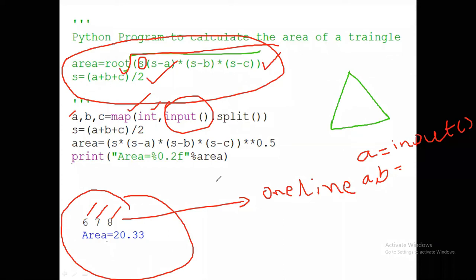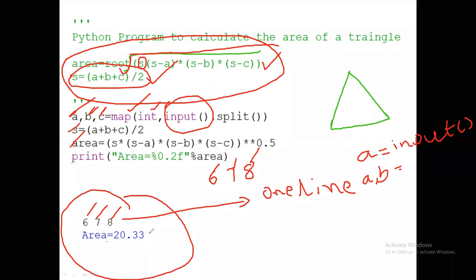And split is nothing but, here I am giving 6 space 7 space 8. So I split these as individual values. Now 6 is assigned to A, 7 is assigned to B, 8 is assigned to C. Now we know A, B, C values. So you are going to find the value of the S and the area.